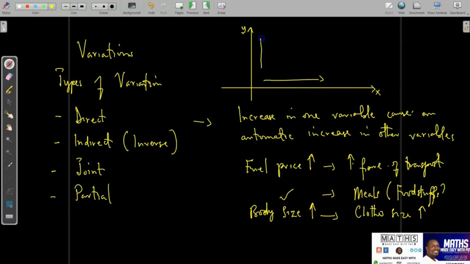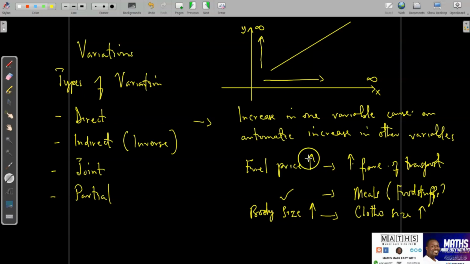As you move upwards, the y values also increase because it goes into positive infinity, and the x also goes into positive infinity here. So ideally, the graphical representation is that as x increases, automatically y also increases. So when you draw the graph of this, it will give you a positive gradient graph. This is how the graph looks when it comes to direct variation.